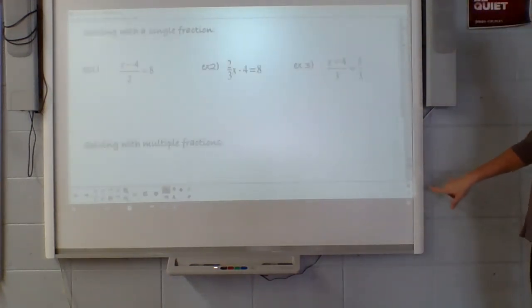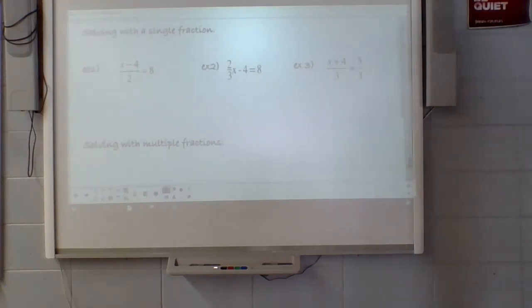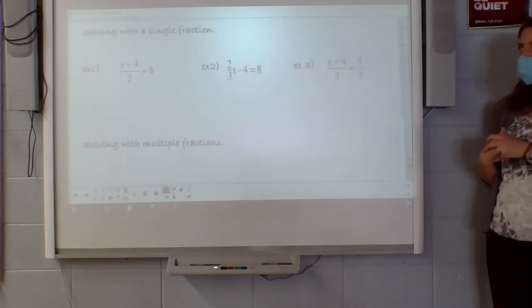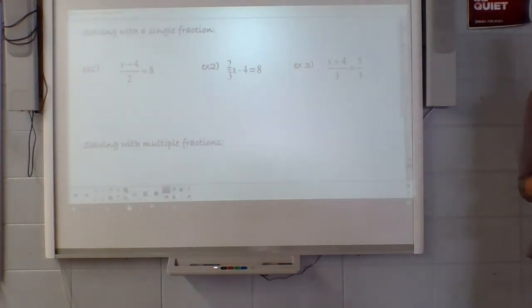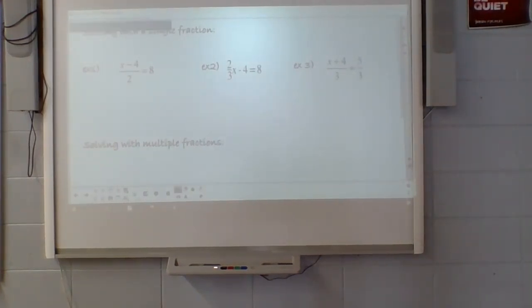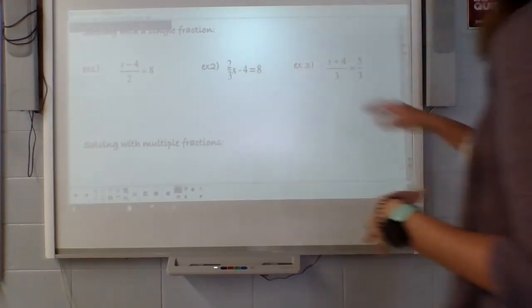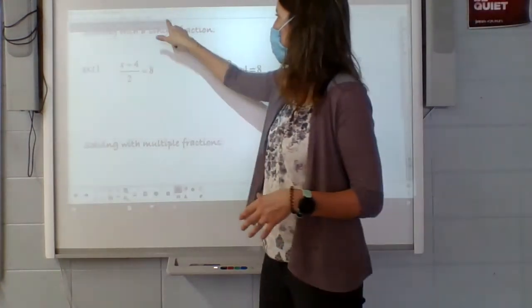Okay. All right. So solving with a single fraction. So these types of problems you can almost consider a little bit of a special case. So you have to think about them a little bit differently. So we want to get rid of the fraction. And so what I'm going to suggest that we do to get rid of that fraction is we're going to use the denominator to get rid of that.